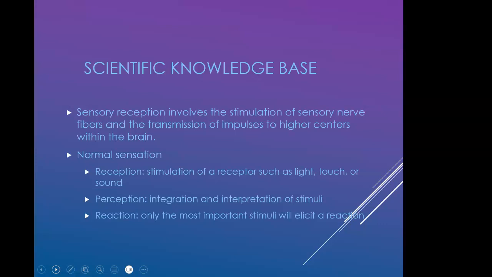You perceiving that, oh, this is hot, is your integration and interpretation of that particular stimulus. And the reaction is the most important stimulus, which will elicit a reaction. For instance, when you touch it and you say hot, your reaction would be to withdraw your hand. Okay? And that is only if your nerve systems and things like that are pretty much intact.